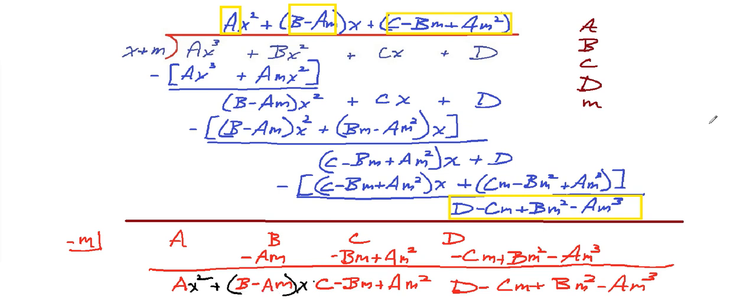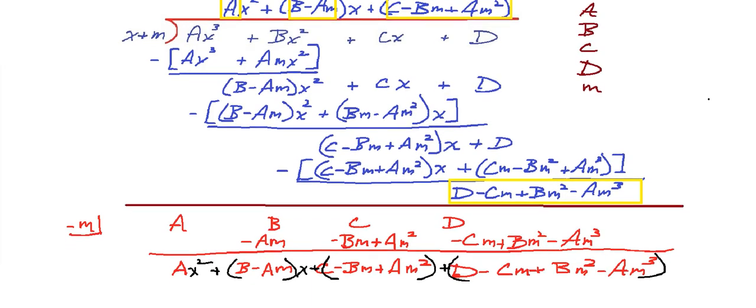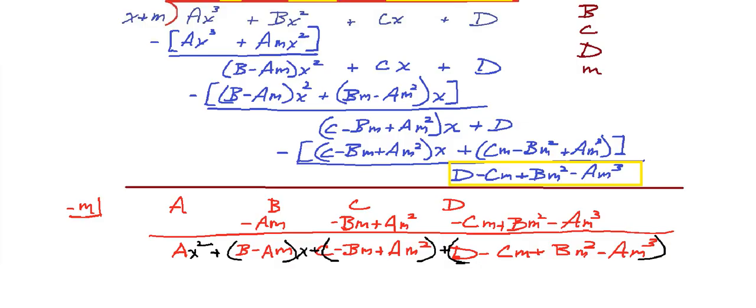And then there'd be a plus in here and all of this. And then all of this, since it is a remainder, it would go over the divisor.